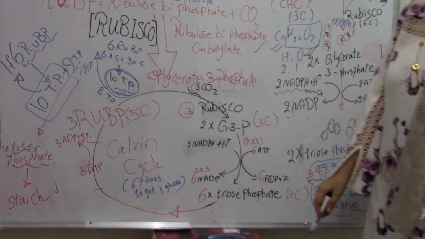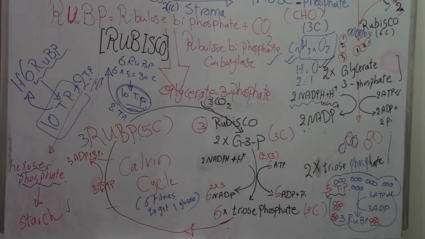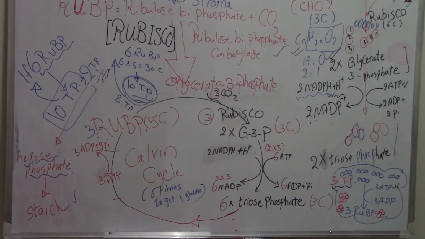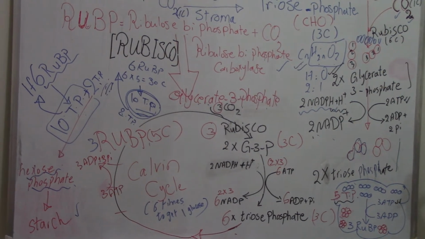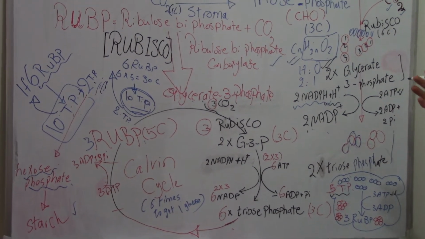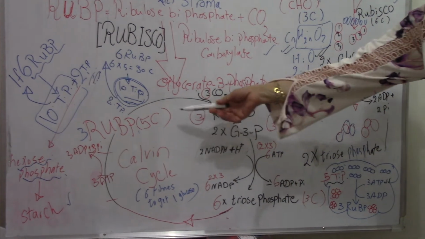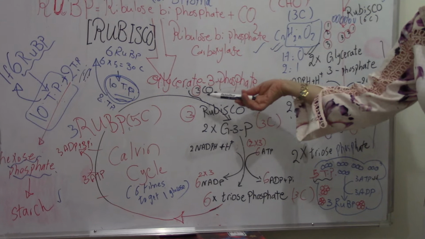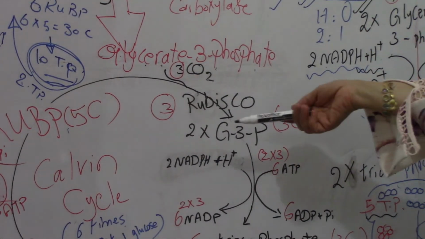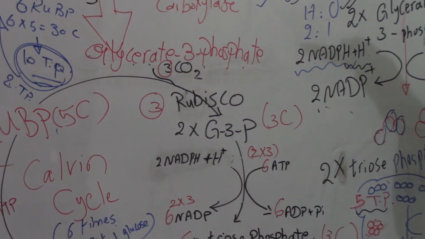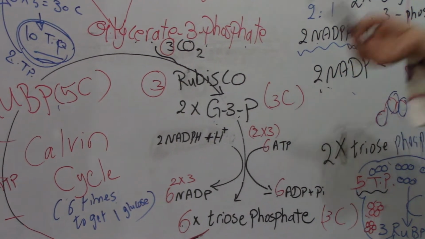Calvin cycle is named after the scientist Melvin Calvin, who discovered the scheme of work in this process, and he won the Nobel Prize for his discovery. Let's summarize the Calvin cycle. Calvin cycle starts with carbon fixation, where the ribulose bisphosphate reacts with carbon dioxide in the presence of Rubisco to form the 6-carbon unstable molecule, splitting and giving 2 molecules of glycerate 3-phosphate.